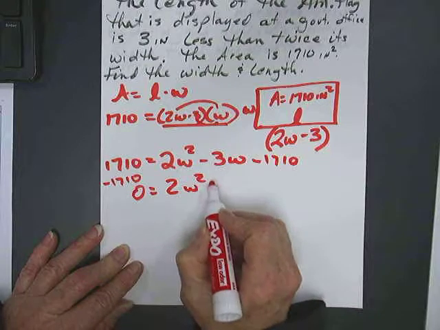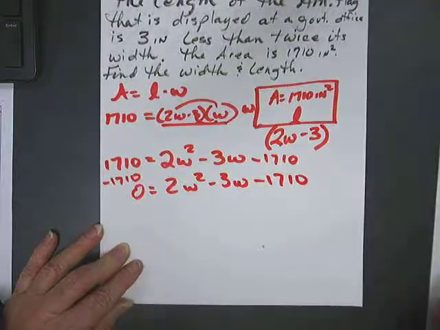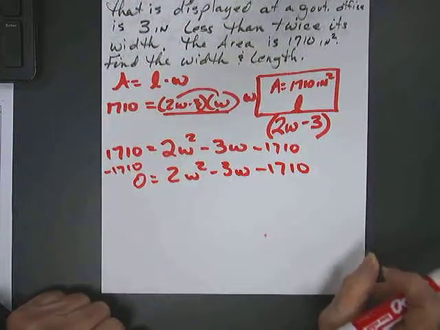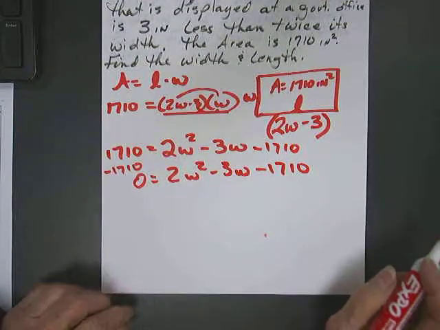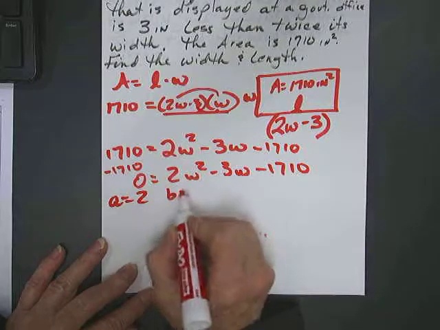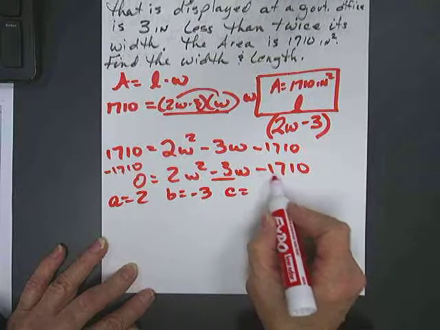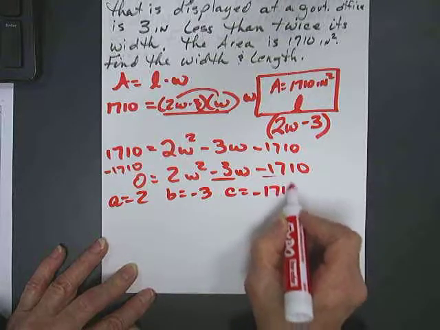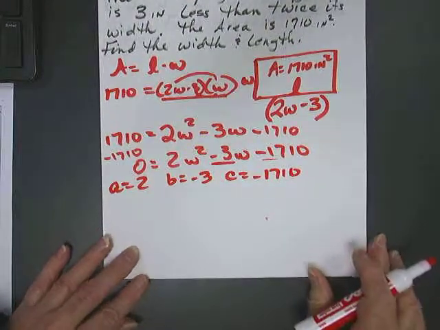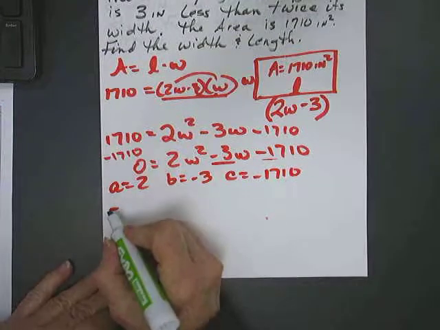Subtract 1710. It won't divide by 2, will it? ABC? A is 2, B is -3, C is -1710.